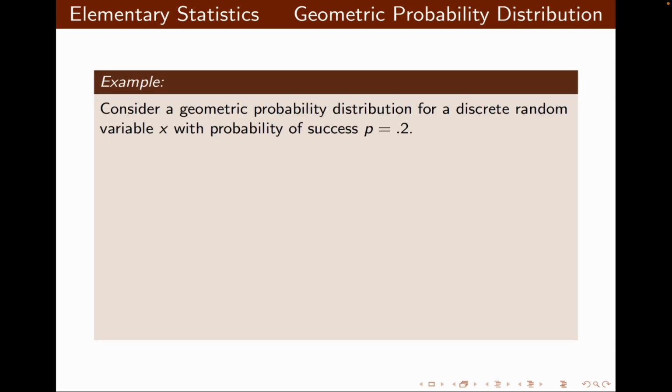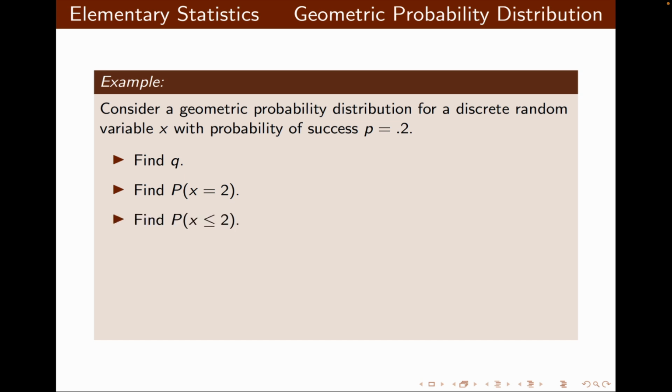Consider a geometric probability distribution for a discrete random variable x with probability of success p equal to 0.2. We want to find q. We want to find the probability that x is equal to 2, meaning that the first success happens on the second trial.